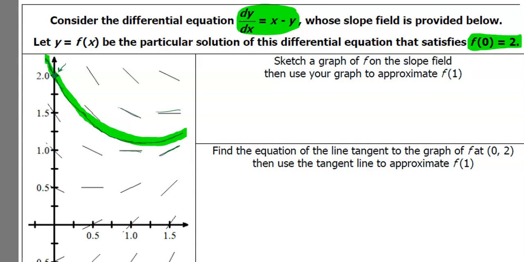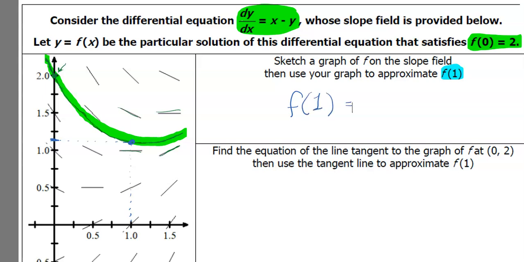Again, your approximation might be a little bit different from mine. Your graph might be different from mine. But this is saying when x is 1, on my curve, just a decent approximation for y. Mine looks like it's maybe a little bit less than 1.25.